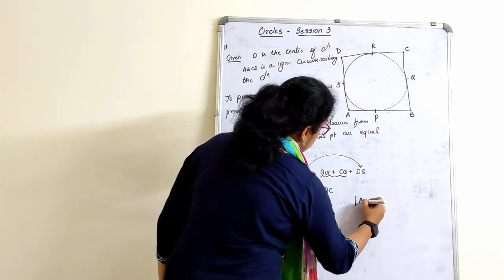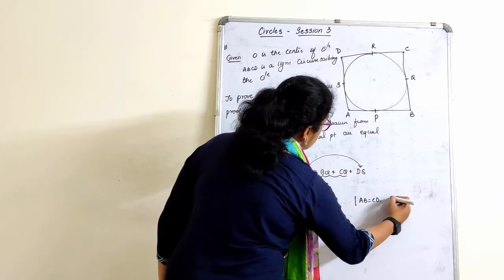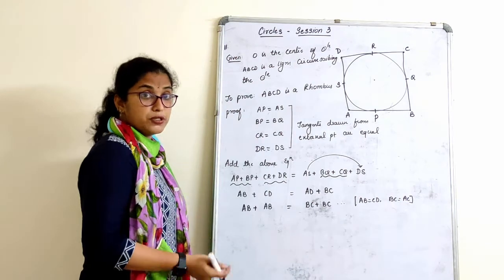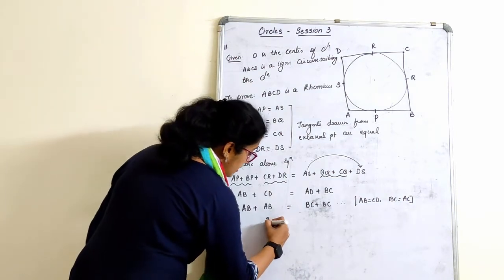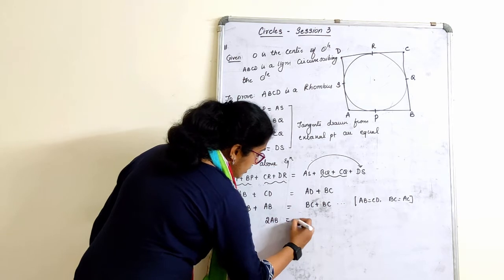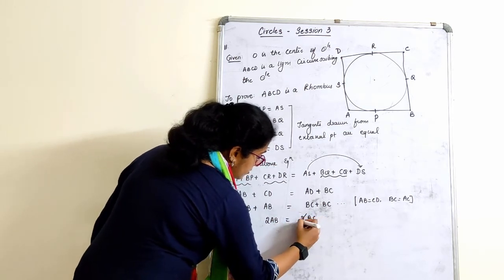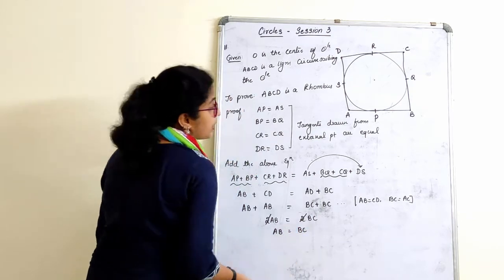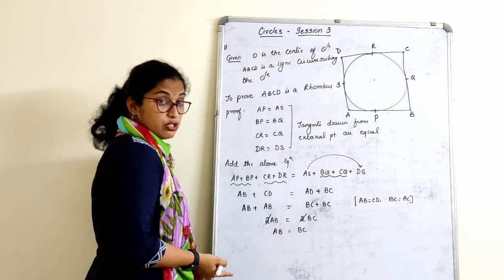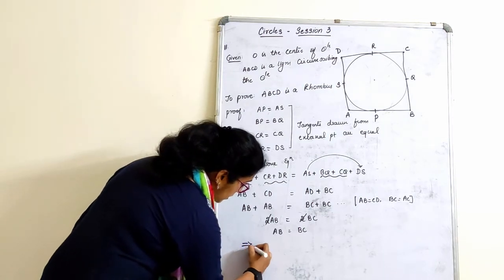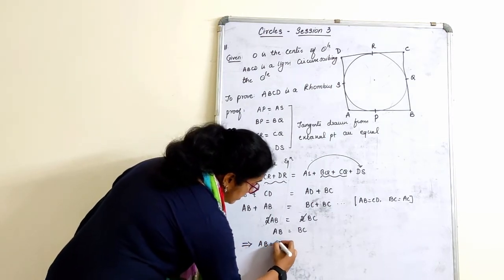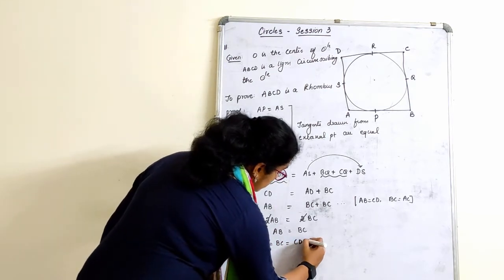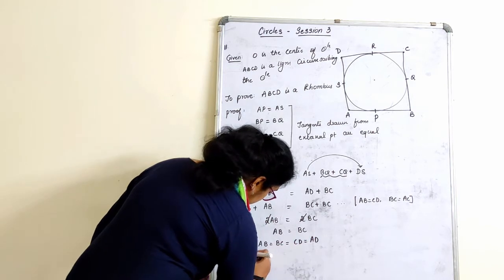Reason: AB is equal to CD and BC is equal to AD. It is a parallelogram, opposite sides are equal. 2 times AB is equal to 2 times BC. AB is equal to BC. Adjacent sides are equal. This implies AB is equal to BC is equal to CD is equal to AD.